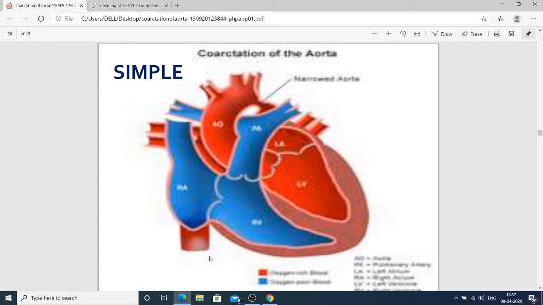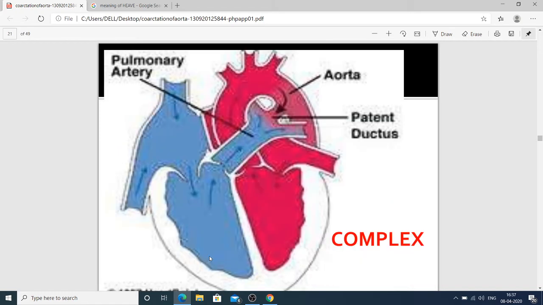If we talk about coarctation of aorta, it is a simple one when only coarctation of aorta is present at the exact position where we studied. Then the next one, when coarctation of aorta is present along with patent ductus arteriosus, is also known as the complex one.